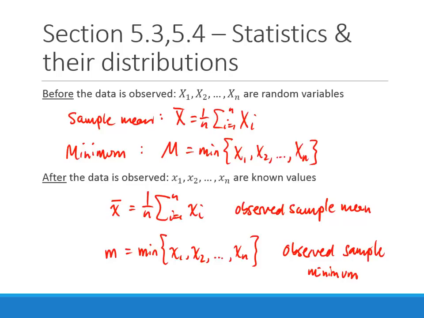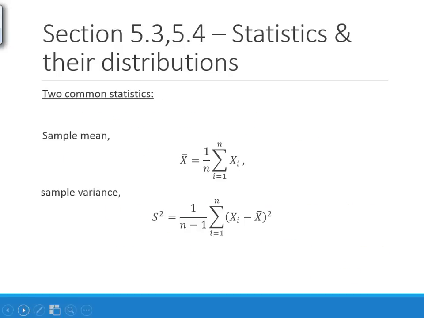Is the notation okay? You guys with me so far? Okay. Well, two statistics that we'll see in general, and one we've already looked at here. I'll put formulas up for these things again, but the two most common ones that we'll use are the sample mean, which is what I've written before, and also the sample variance.